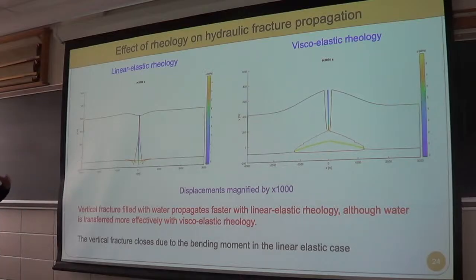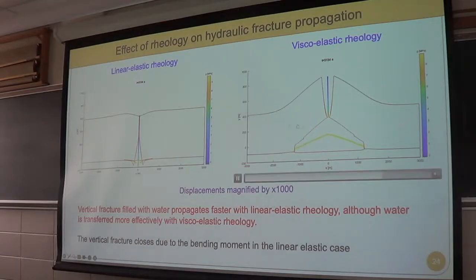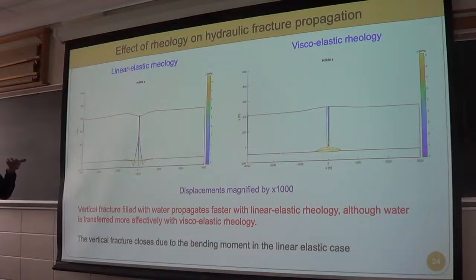And so if you just look at linear elasticity, you don't get the blister formation, which is actually seen in the field, where with the rheology of ice, where it's viscoelastic, you get much wider cracks, you get much more fluid flow volumes, and then if I go back a little bit here, you'll see that the widening continues, and then it goes underneath the ice, lifts up the ice, and then you form this blister, right?